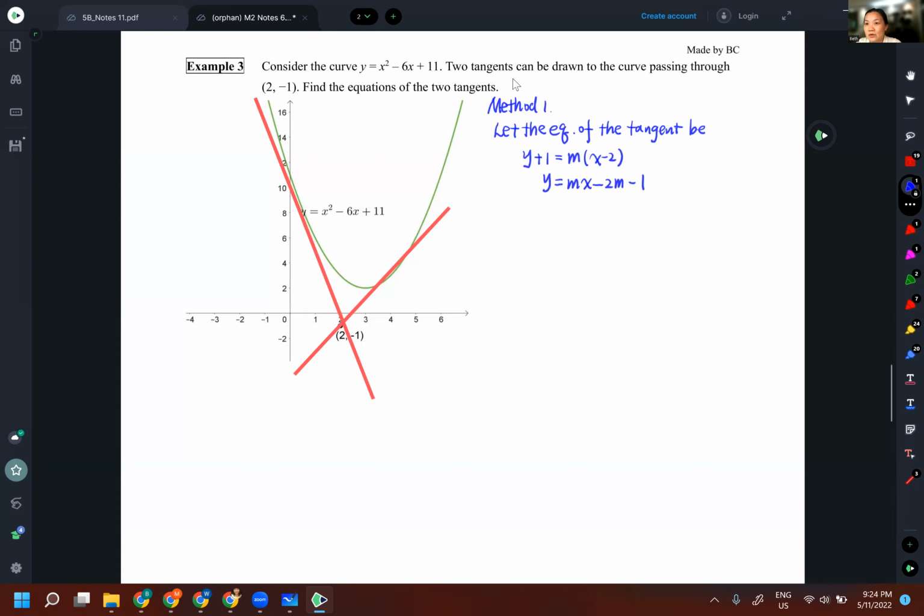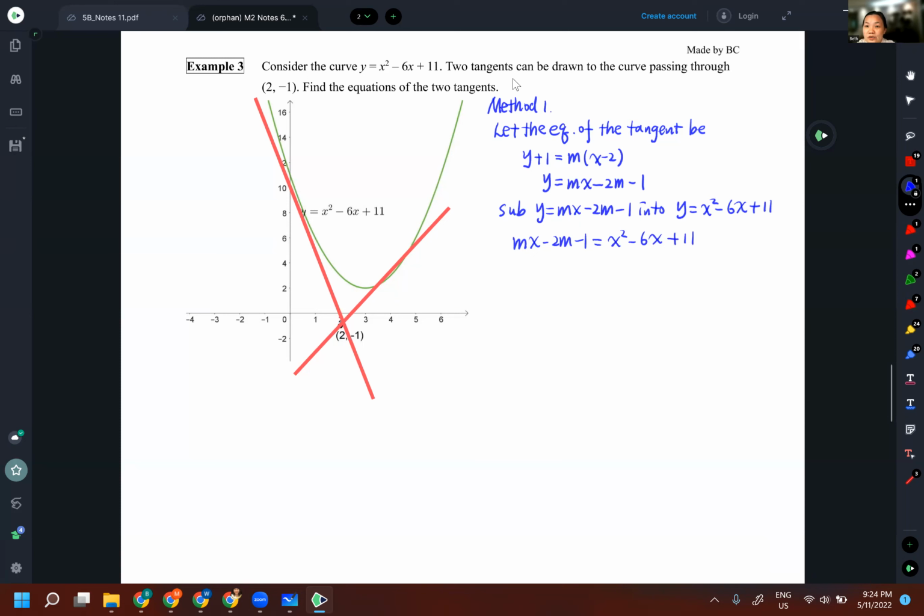Because later on, I'm going to substitute this equation of the straight line into the equation of the parabola. Substitute y equals mx minus 2m minus 1 into y equals x squared minus 6x plus 11. We have mx minus 2m minus 1 equals x squared minus 6x plus 11.